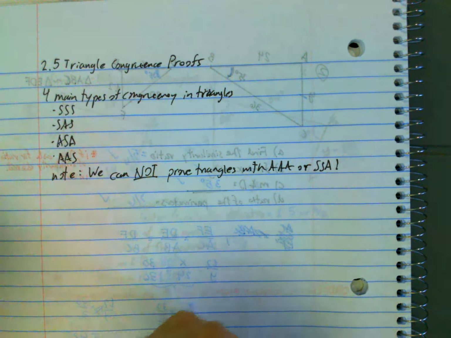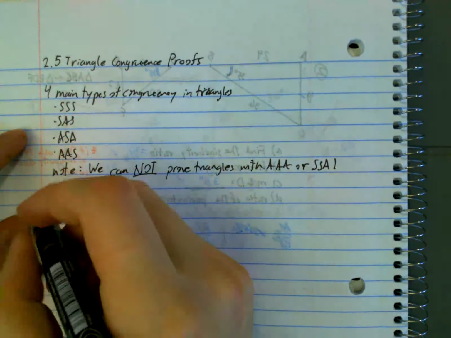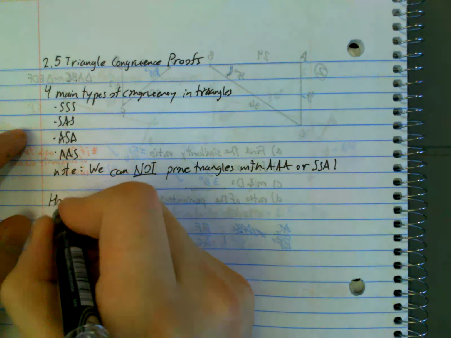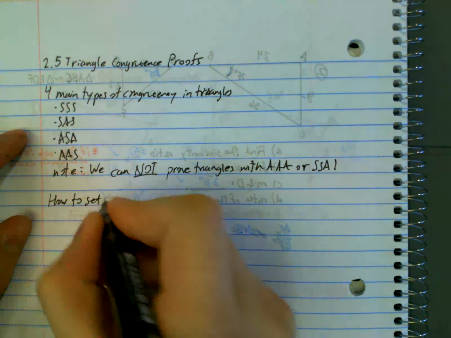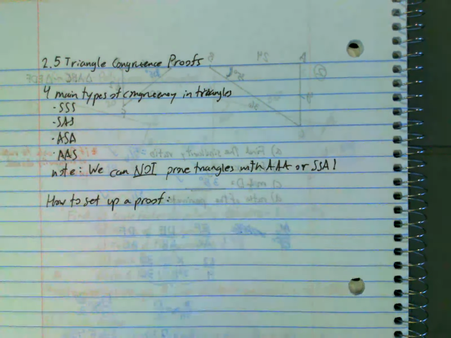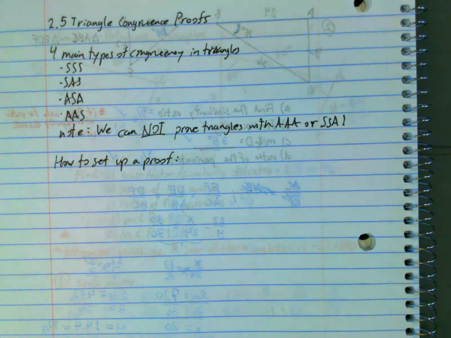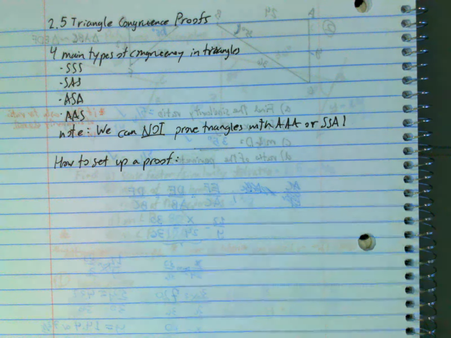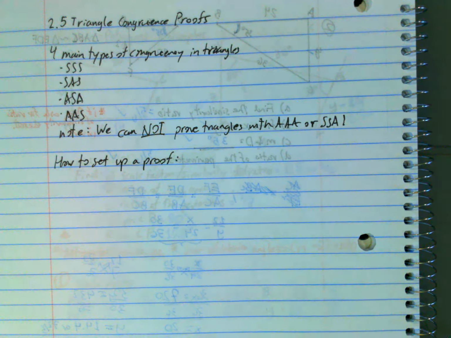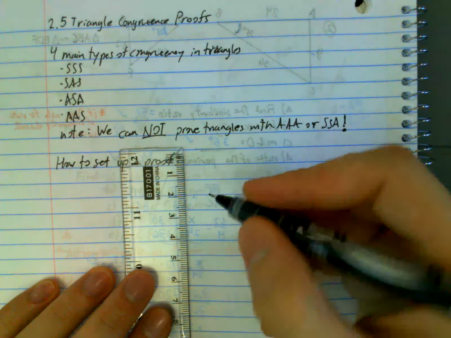All right. Now, when I say proofs, this is how you set a proof up. Don't worry. I'm going to leave this up there. Now, when we talk about how to set up a proof, this is how we do it.